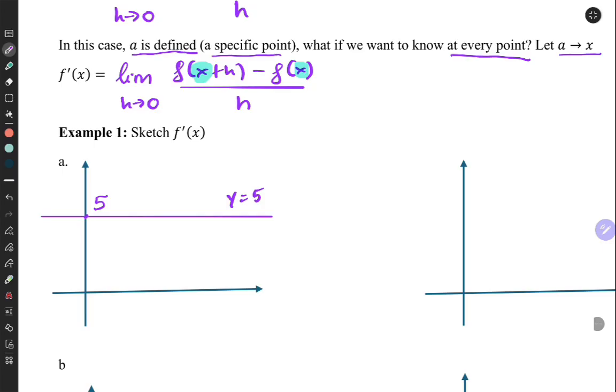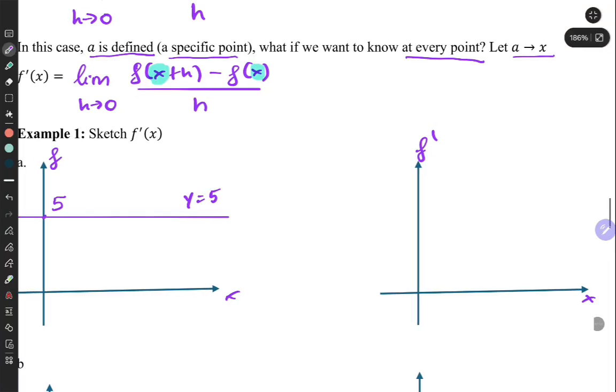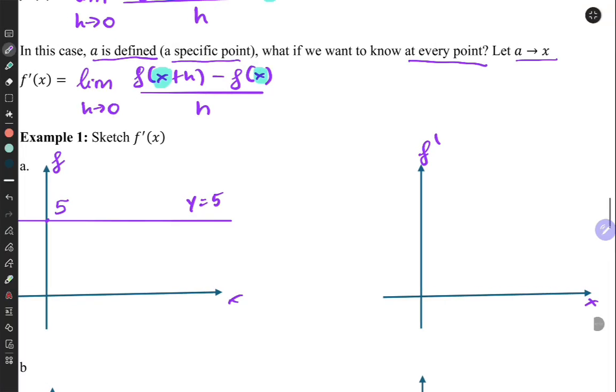Okay. So on the left side, for the following example, you're going to see the original function f. On the right side, I will try to sketch the derivative of that. So x is still the same. If I use this formula right here, y equals 5, or technically f of x equals 5, I plug this right in here, in this formula.